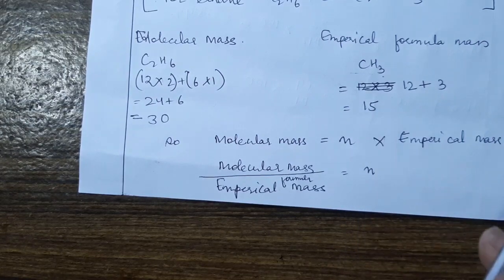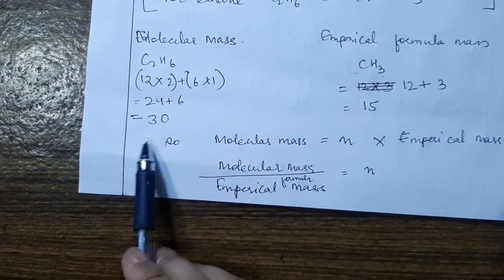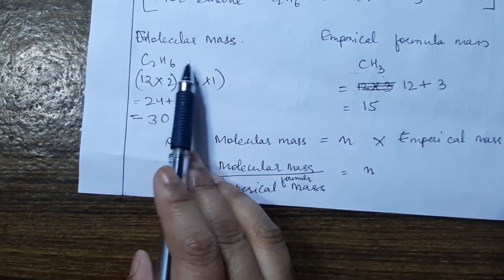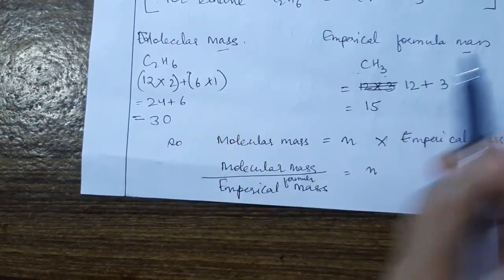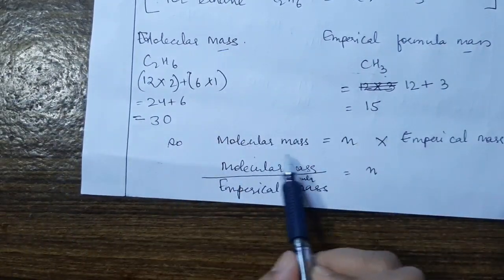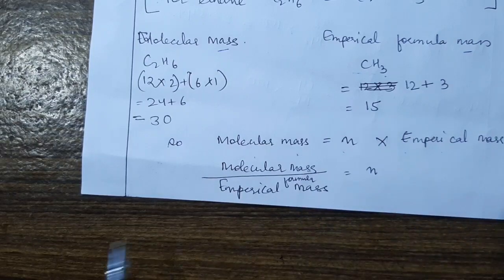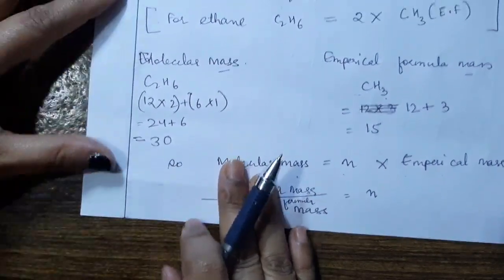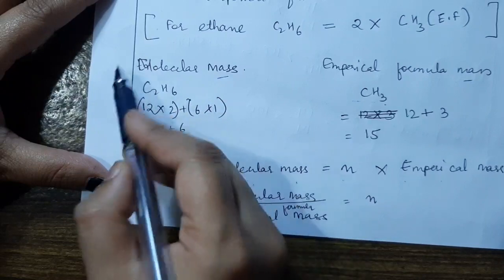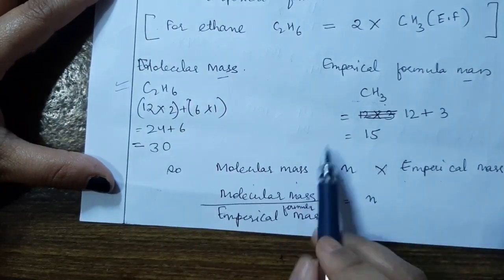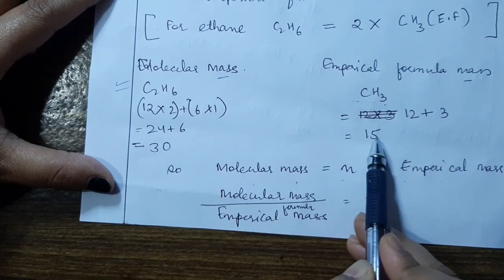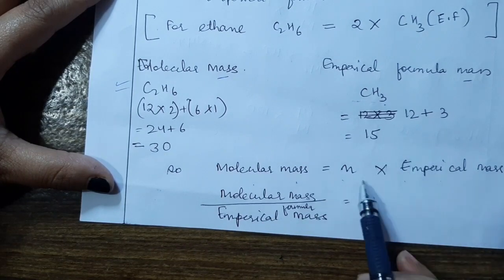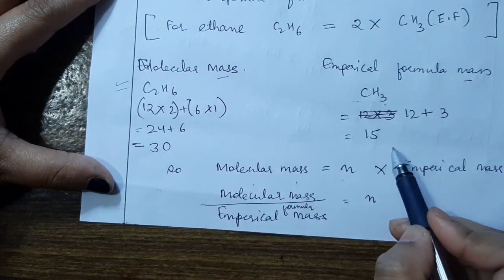Now, one interesting thing you will notice is that if you want to relate molecular mass and empirical mass, here also it will be molecular mass equals n into empirical mass. Have a look for ethane. What is the n value here? 30 equals 15 into 2. The n value for ethane is 2.